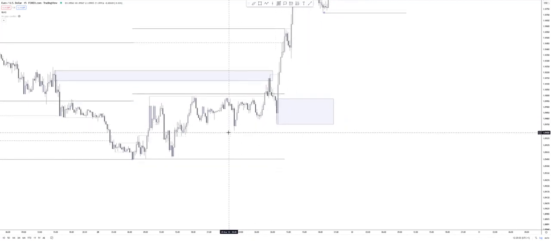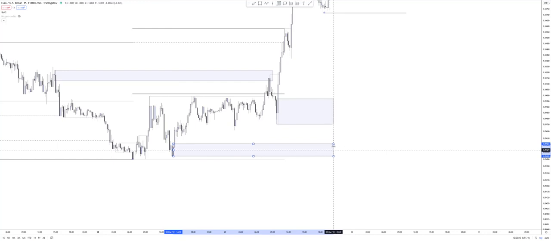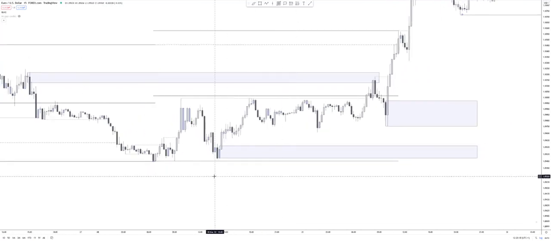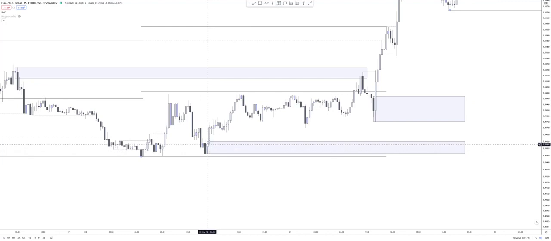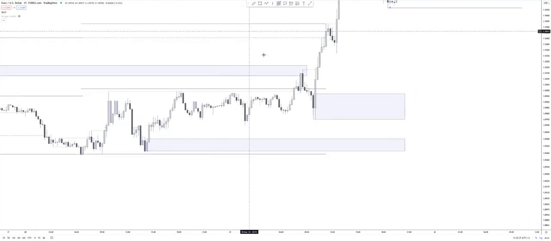There's every chance that price will want to come deeper into a different zone, such as this inside bar right here, and that's a perfectly valid zone as well. I may have said it before, but an inside bar is a candle that trades neither above nor below the candle to its left, so it sits inside the previous candle, and that shows there's been a range on a lower time frame, and price has been exchanging hands right there, thus making it a valid supply or demand zone for that reason.